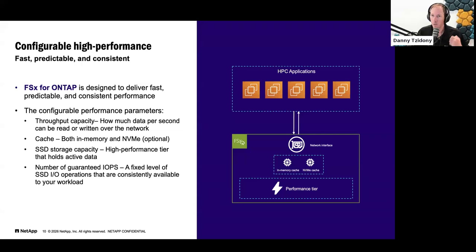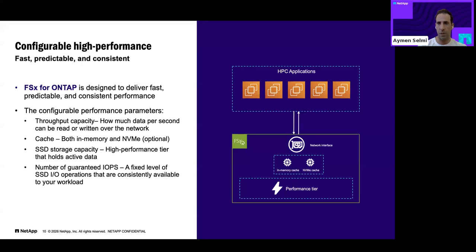So from what I understand, I open the console, and if I want to launch an FSx for ONTAP and play with it, the configurable parameters with which I can determine my performance are throughput capacity, SSD, number of IOPS, and if I'm already wanting to start with a high performance workload, I can play with my in-memory cache, and if I really need to boost it, I can opt for a file system with NVMe. Is that correct? Yeah, exactly.